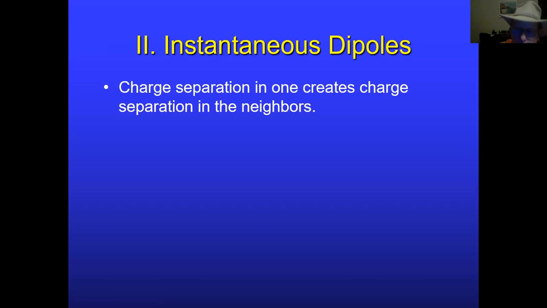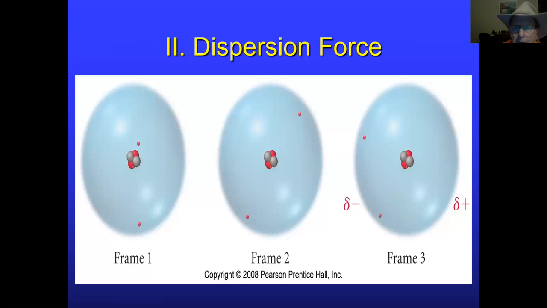Now, I'm going to go back a second. We have a negative side. What's this negative charge going to do to these two electrons? Repel them. It's going to repel them. So Dylan, if you have negative on this side, where are you expecting these electrons to migrate to? The left side of that atom.